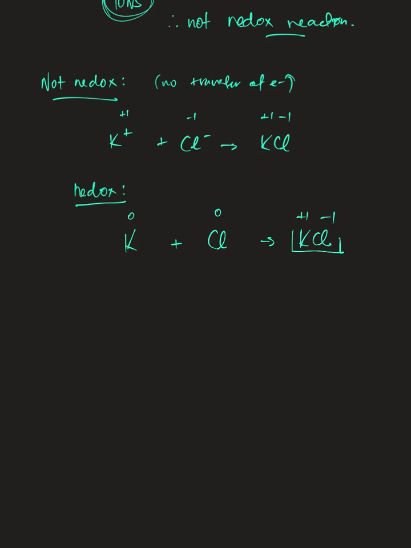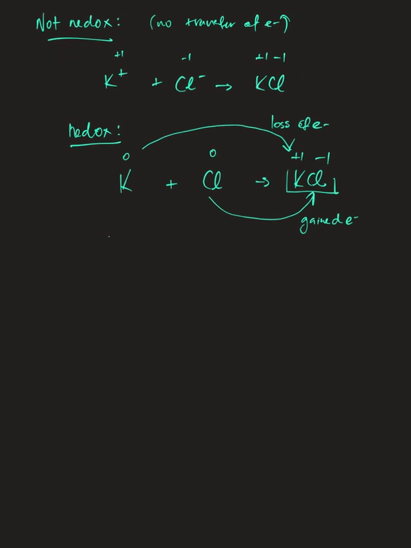So I can see here that my potassium goes from 0 to +1 because there was a loss of electrons. And my chlorine goes from 0 to -1, which means it gained electrons. So in this situation, K is oxidized, right?